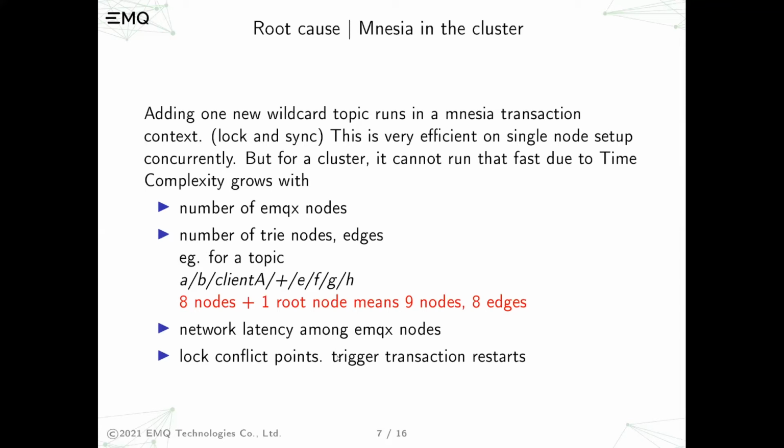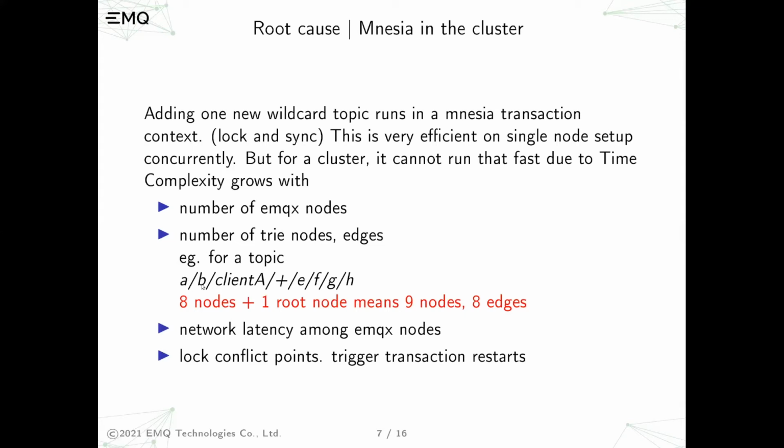The last factor is about the lock conflict points. For example, in this topic, if multiple clients try to subscribe to topics which have the same prefix, like AB, then there are some conflicts there.